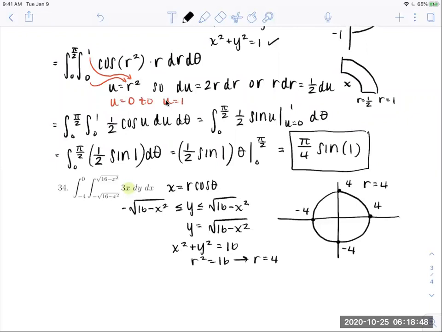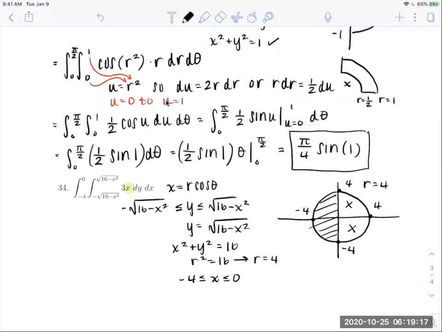All right, now let's take a look at our x limits of integration. X is bounded between -4 and 0. So I don't want any positive x values here. I only want the pieces in the circle where x is between 0 and -4. So that's just the left half circle here that I have shaded.